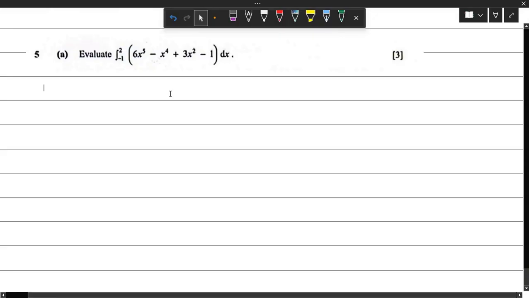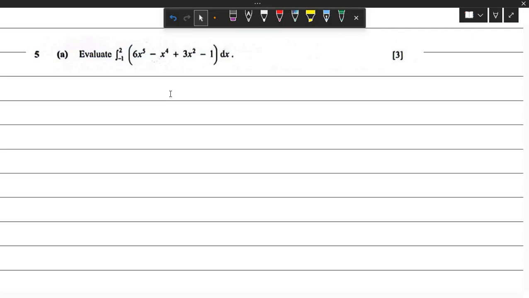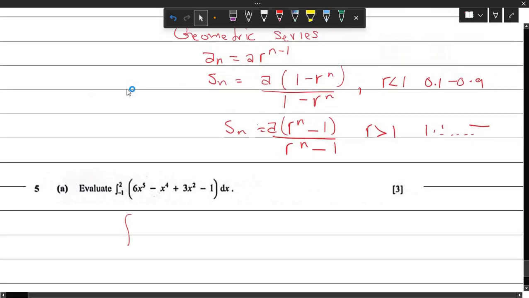Okay, so today just have a quick video on integration. So if you see this symbol in mathematics, every time you see a symbol like this, it means you integrate.